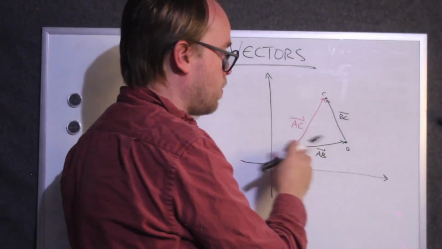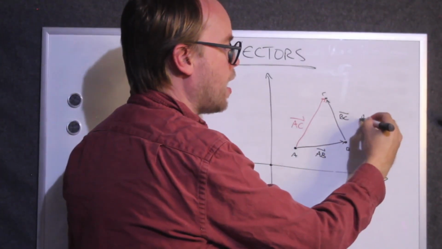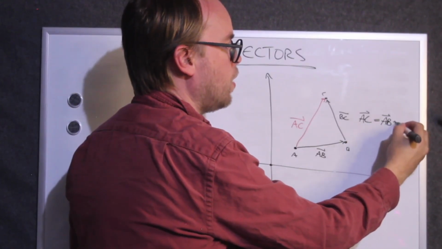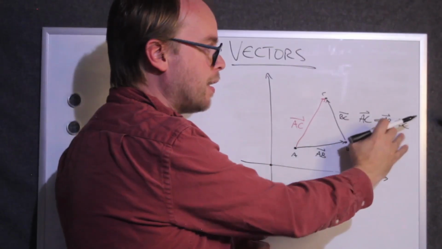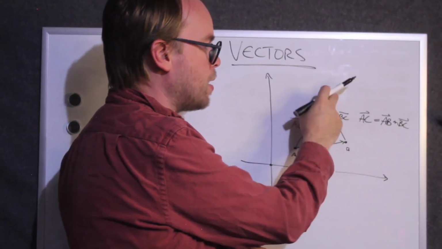So these 2 things are equivalent. And the way we write that out is AC equals AB plus BC. Okay, so we're adding these 2 vectors. When we add the vectors, we move from here to here and then from here to here.